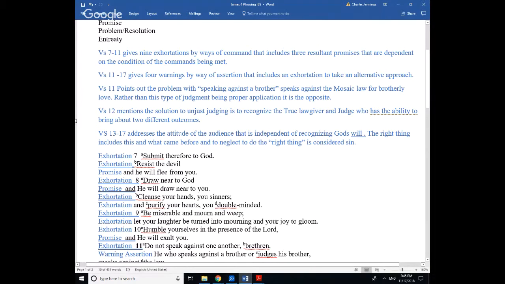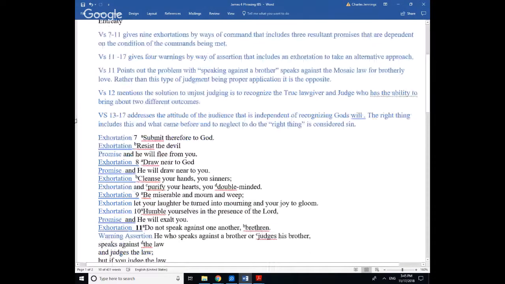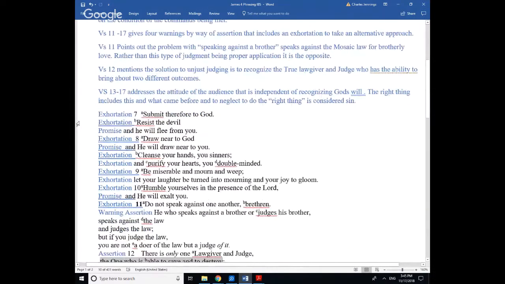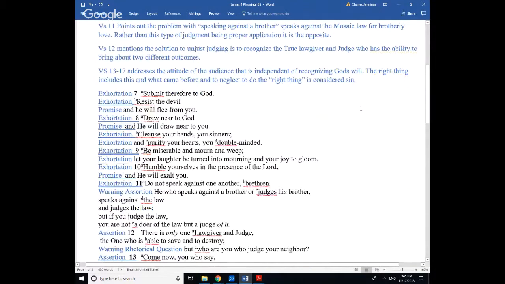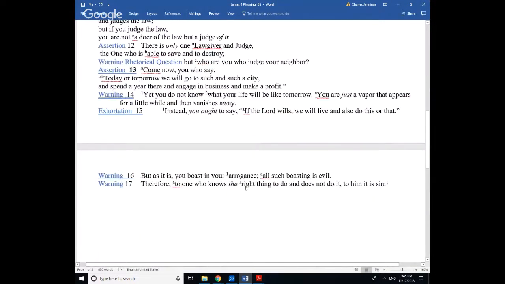So in 13 through 17, he addresses the attitude of the audience that is independent of recognizing God's will. They're making plans without thinking about God or thinking about how short their life is. The right thing that's mentioned here, this is observation, I don't think it's just talking about you saying "if the Lord wills" and all of that.